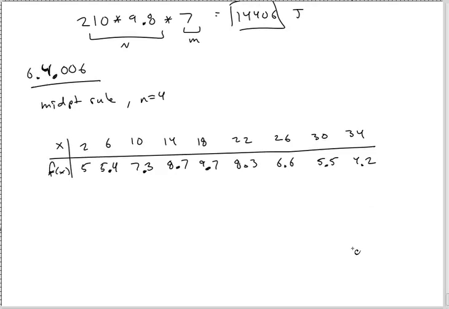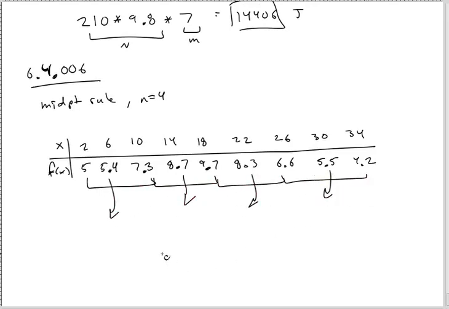Yeah. So midpoint rule, 4 rectangles. There you go. Midpoint rule says use these guys. I mean, we had a problem like this just last time. And so the 5.4 plus the 8.7 plus the 8.3 plus the 5.5, that's a point.